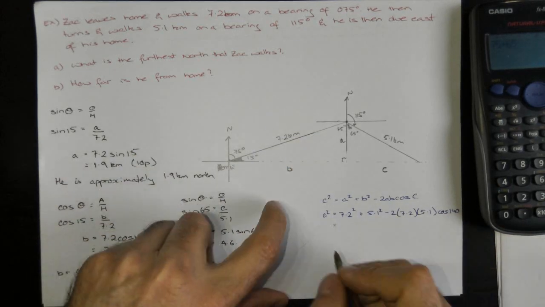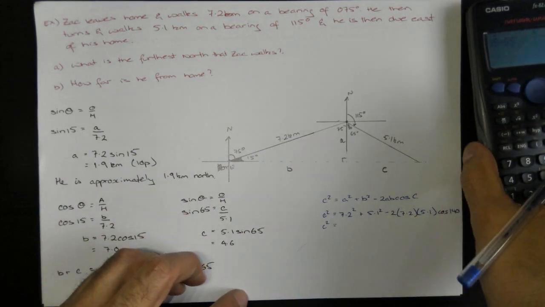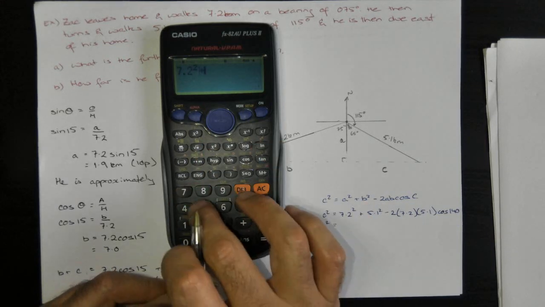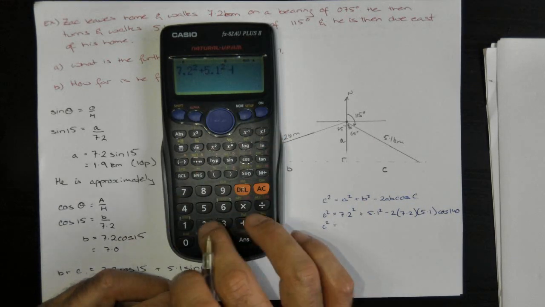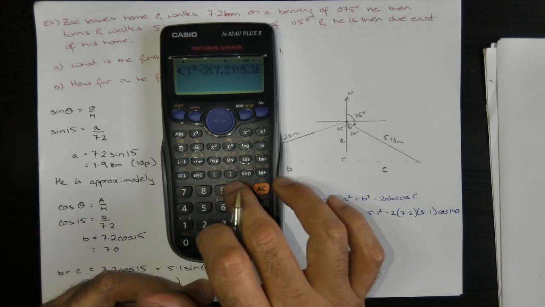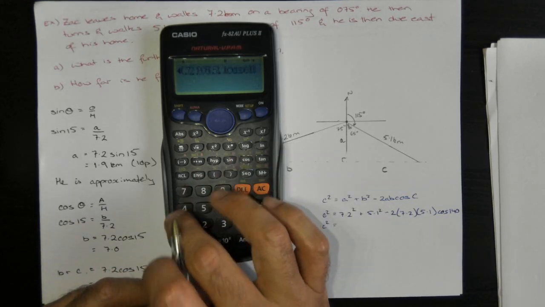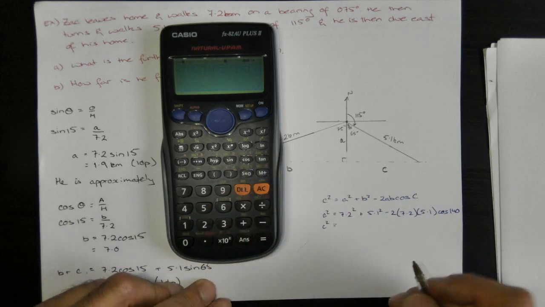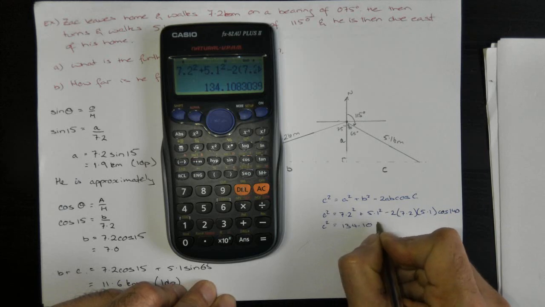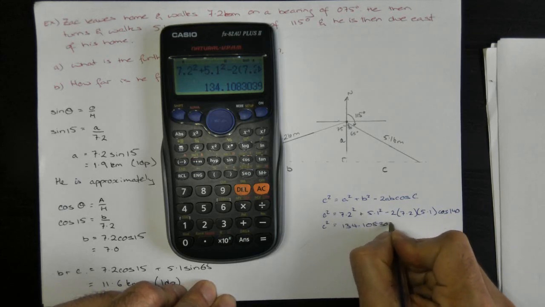So c squared, if I plug that into the calculator, 7.2 squared plus 5.1 squared minus 2 lots of 7.2 times 5.1 cos 140 gives me 134.1083039.